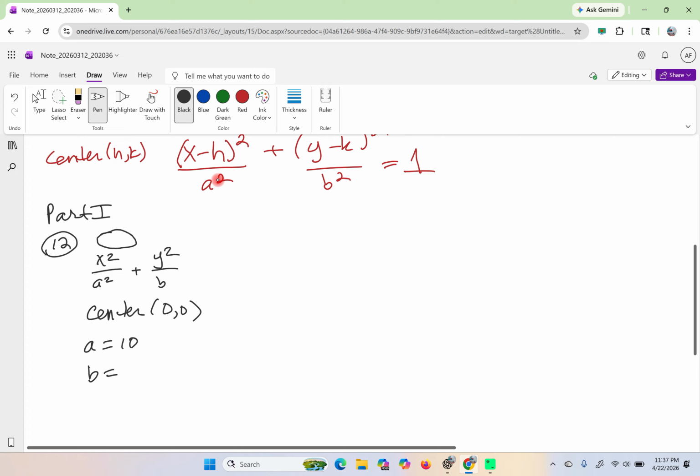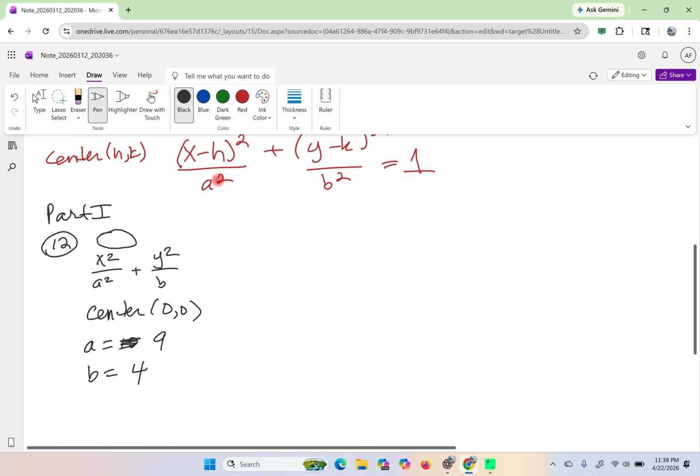Well, I'm looking at the wrong one. I was looking at 11, and I would do 12. That's not very helpful, is it? A is 9, B is 4.